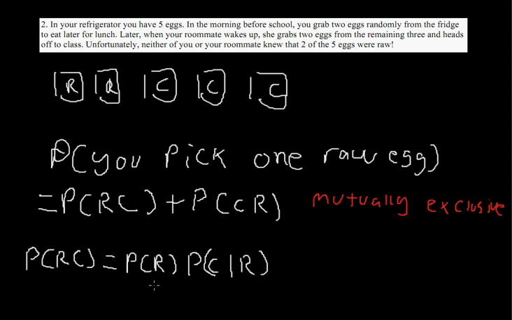And the next one, if we've picked a raw one, then we have a 3/4 chance of picking a cooked one because we've removed one of these guys, and there's 1 raw left and 3 cooked left. So that's this times 3/4. So this is equal to, dividing by 2, 3/10.